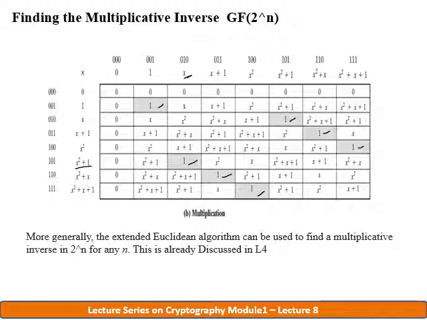More generally, the extended Euclidean algorithm can be used to find a multiplicative inverse in 2 to the power of n for any n value. It can be done with this tabular method, or else we can also use the extended Euclidean algorithm to compute the same multiplicative inverse.